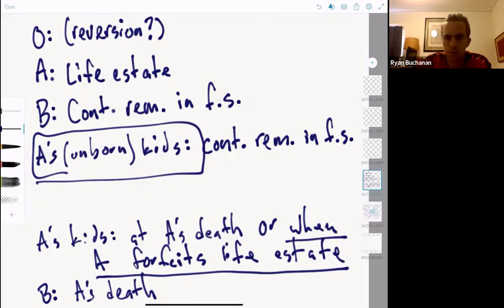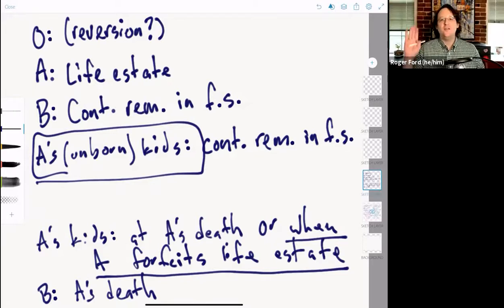Ms. Mattel? Because, and sorry, to say slightly more about why, the grant to A for life is a separate grant than the grant to B if at A's death, he's not survived by any children, right? So if A gives up their life estate, that forfeits the to A for life, but has nothing to do with the clause that says, but if at A's death, he's not survived by any children, then to B and her heirs.